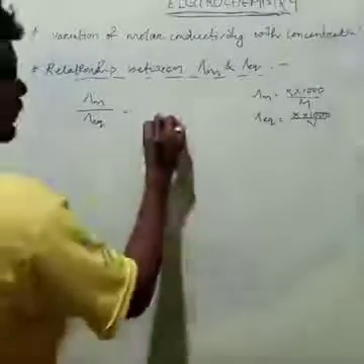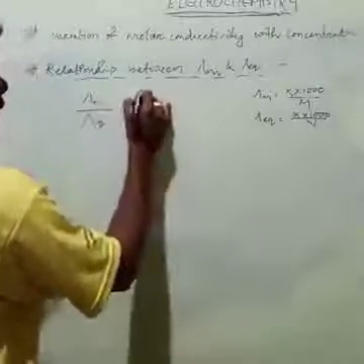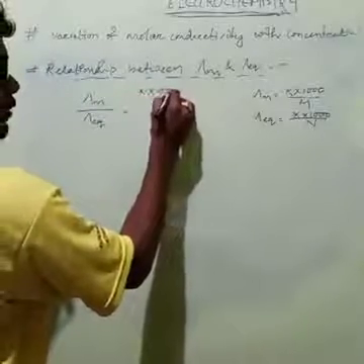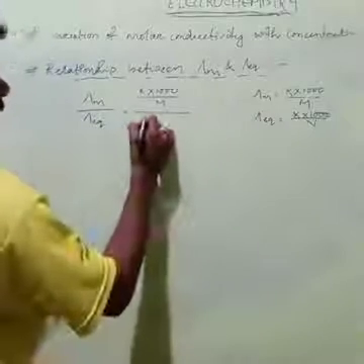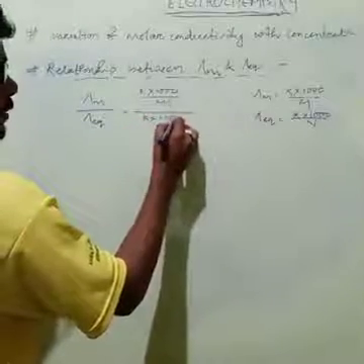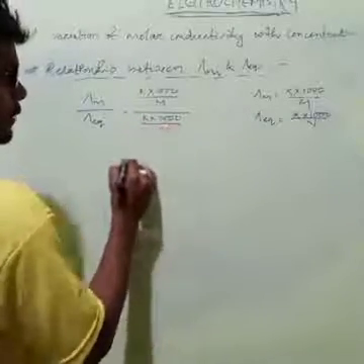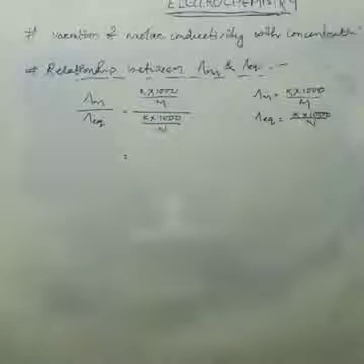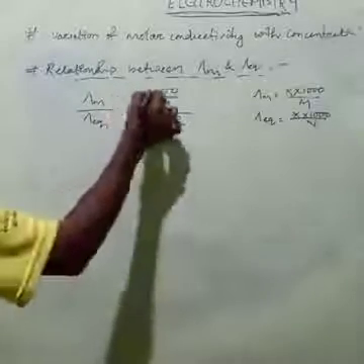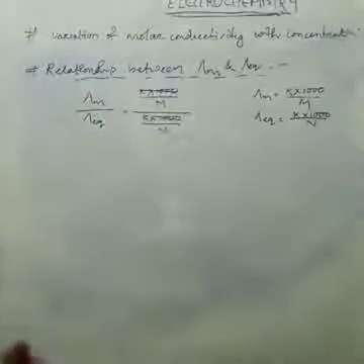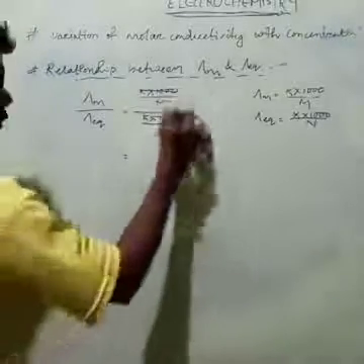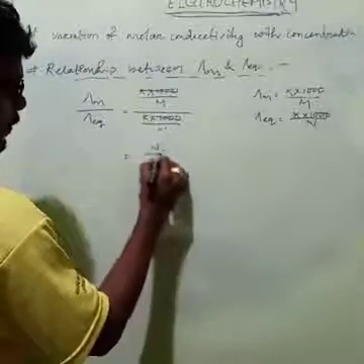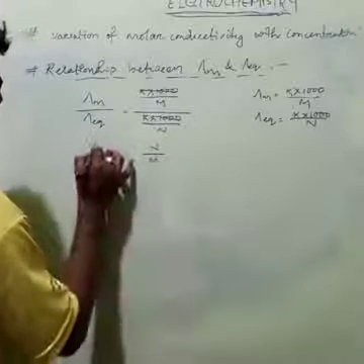So here lambda m is kappa into 1000 divided by M, or kappa into 1000 divided by N. Here 1000 will be cancelled, so you will get N by M.